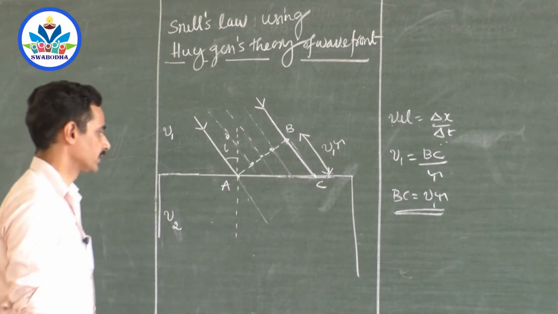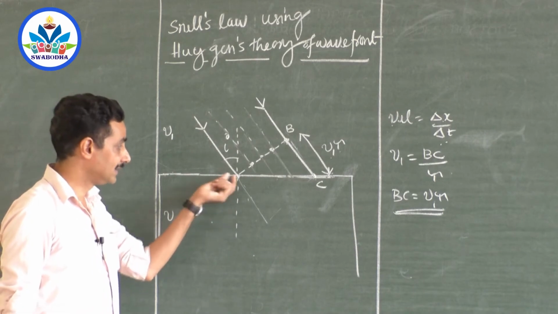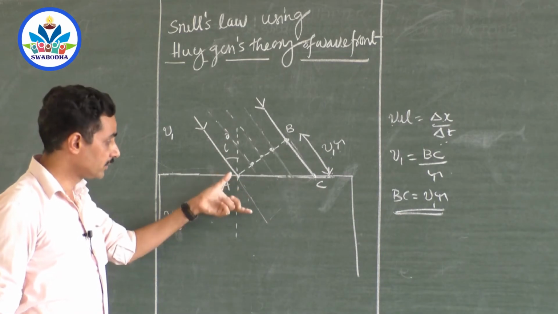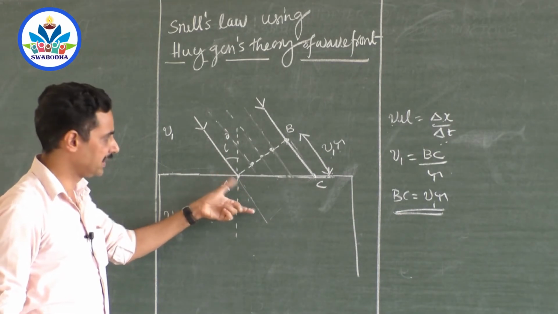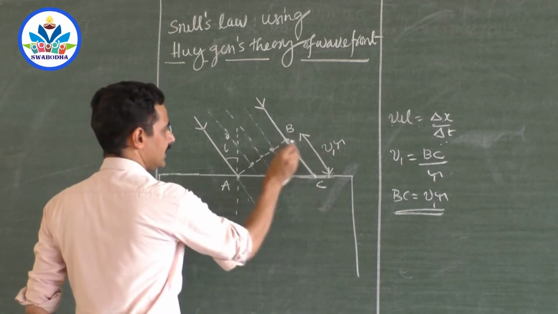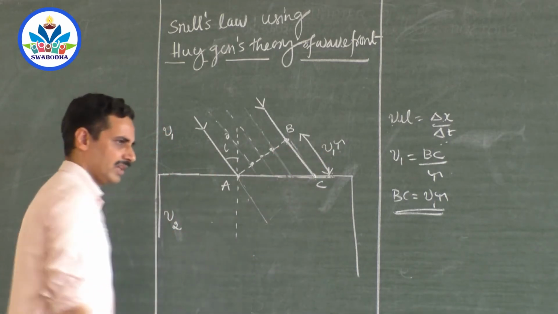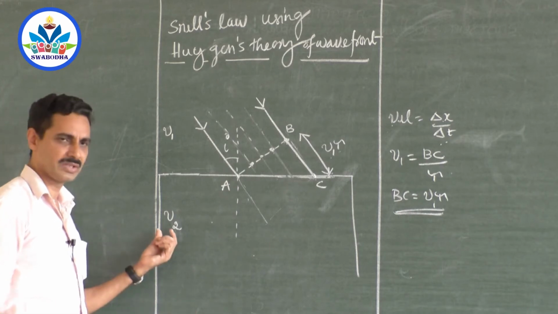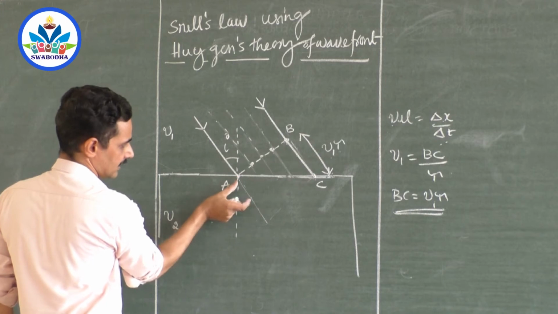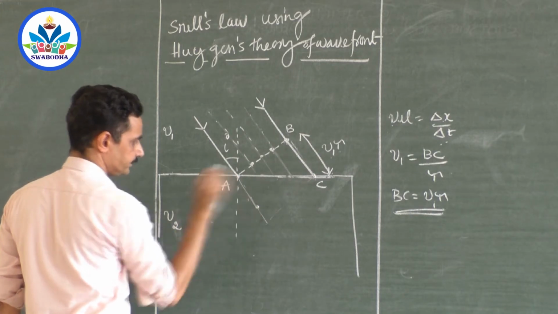Not possible, because the medium through which this wave, which is the secondary wave at the leftmost end, will travel is a different medium compared to this one. So in the same time tau, this is moving in air, whereas this is not moving in air, it is moving in some other medium where the velocity is less. So definitely this will not travel this much distance, it will travel a little bit less.